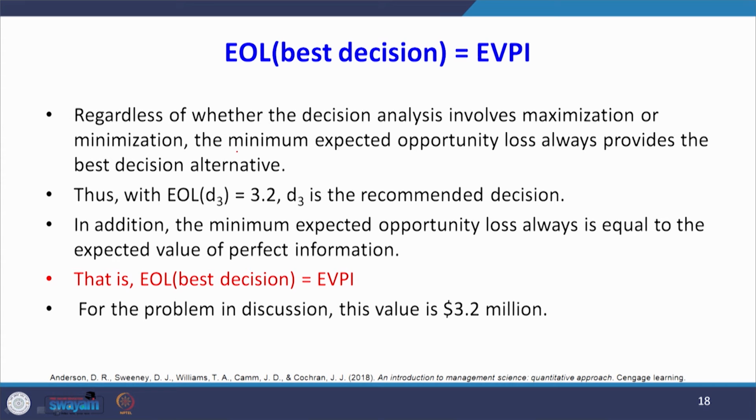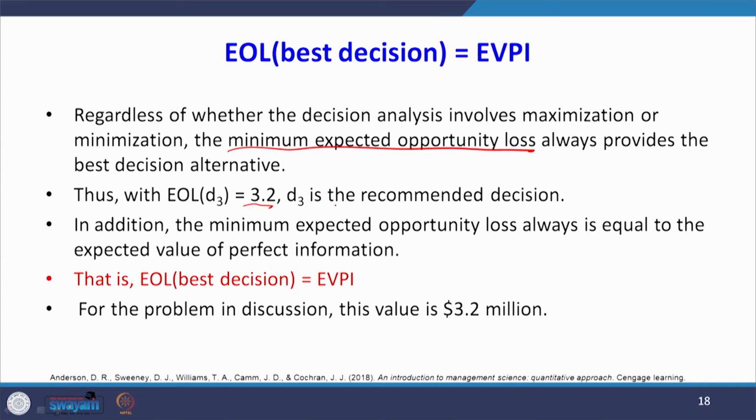So, here the expected loss for the D3 decision is 3.2. So, D3 is the recommended decision.